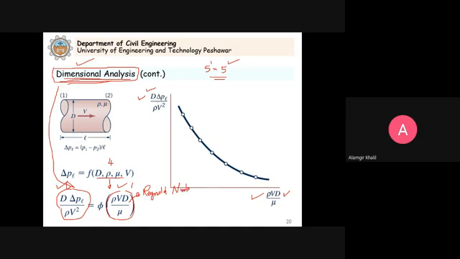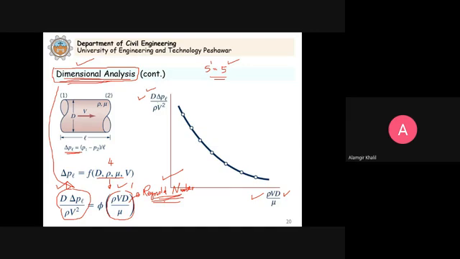So this dimension analysis gives us insight into the problem: the change in pressure, the functional relationship that we establish, is actually a function of the Reynolds number, which is a dimensionless number we just studied in similitude.